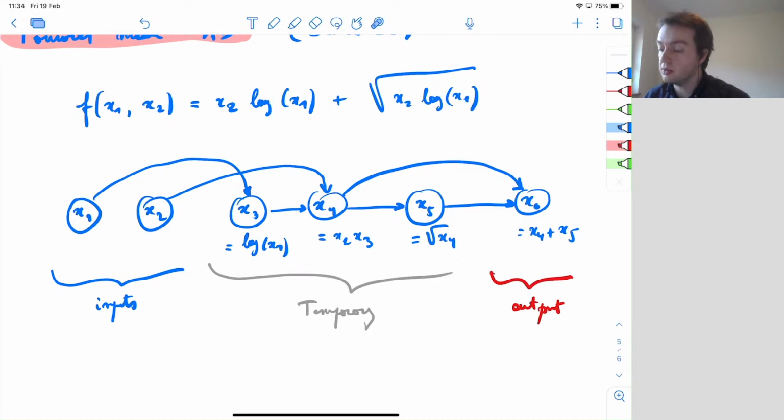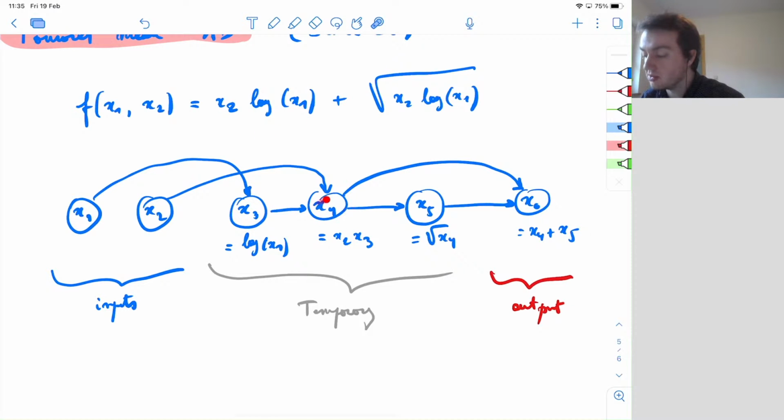Right? So in terms of graph of computation, if you were to implement this function as a computer program, you would first define a temporary variable x3, which would correspond to the logarithm of x1. And then you would compute a second quantity, which would be the product of the logarithm of x1 with x2.